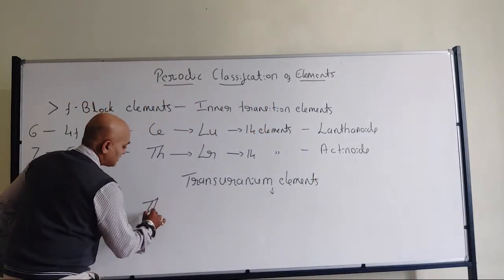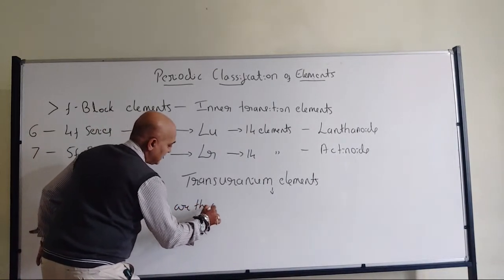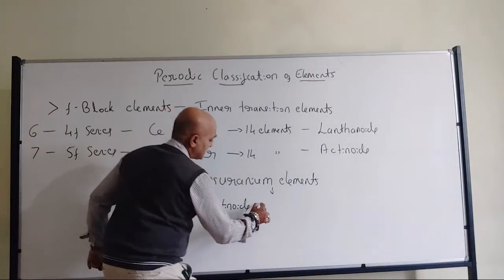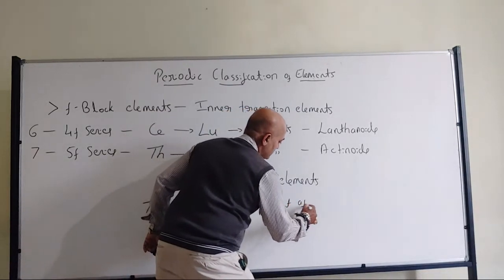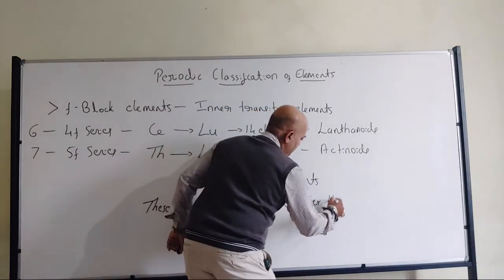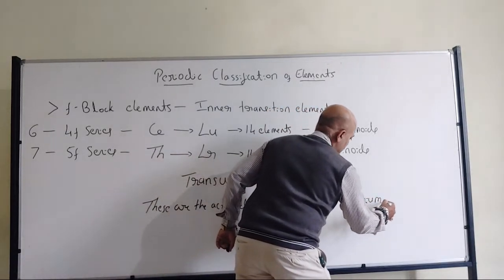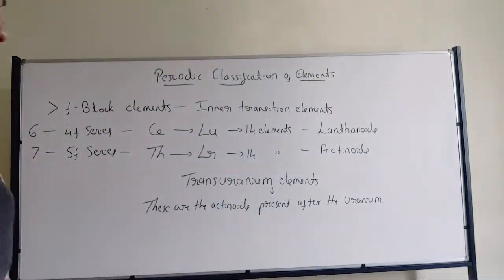These are the actinoids present after the uranium. That's where we have the transuranium elements.